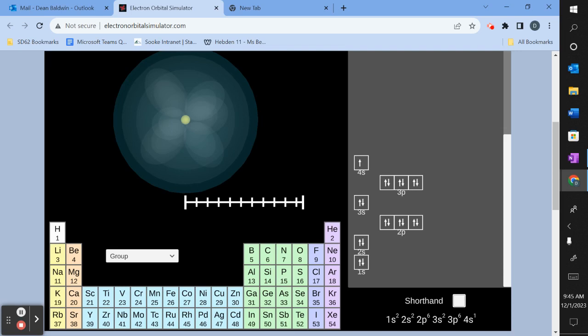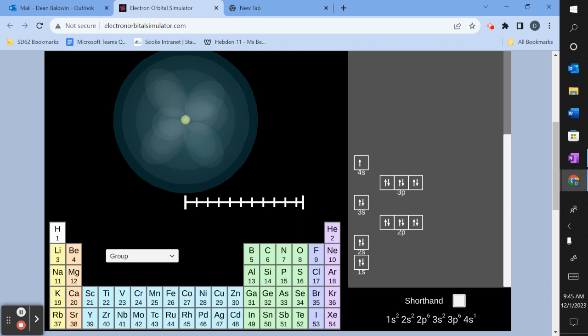Potassium. So what's happening is the atom's getting bigger. The outer electrons are getting further away from the nucleus, so the nucleus has less pull on them, so it's easier to pull the electron off. So the amount of energy required to do that decreases.